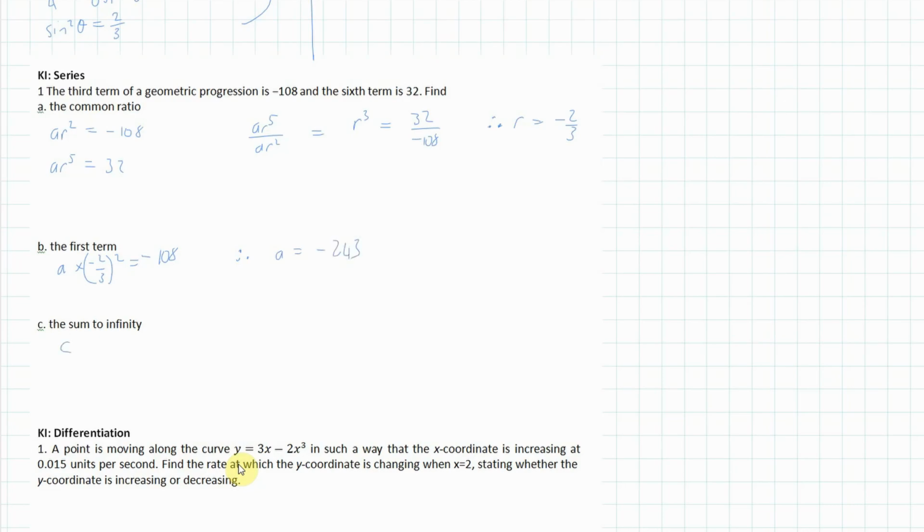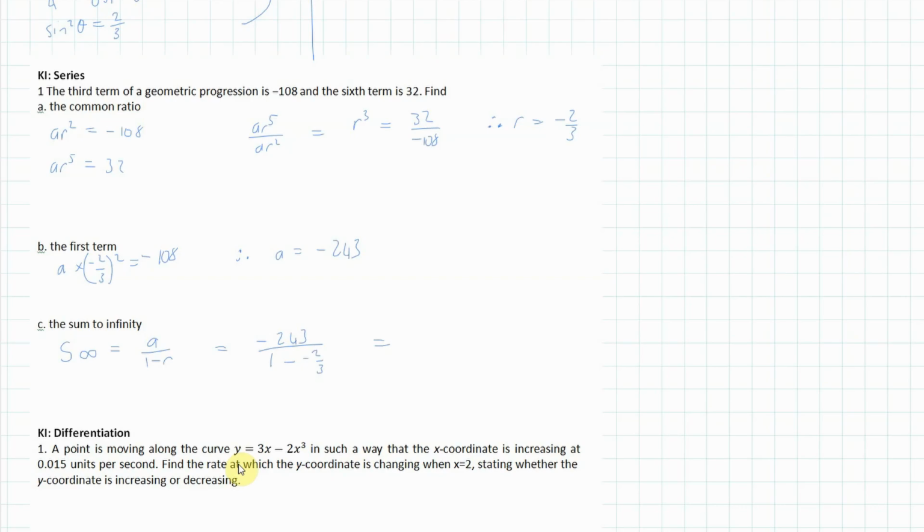Now the sum to infinity you'll have in your formula sheet, so it'll give you what you need to do here. So it's A over 1 minus R, and in this case it's negative 243 over 1 minus negative 2/3. And if we chuck this into a calculator, that would be 1 plus 2 over 3.